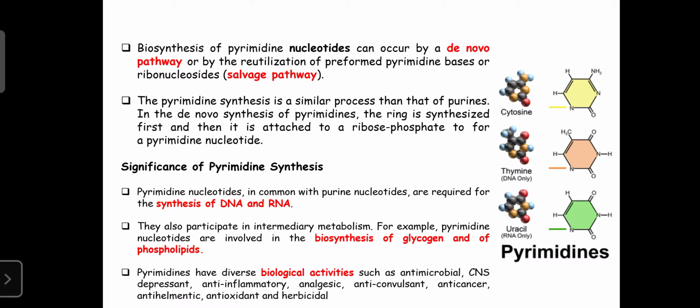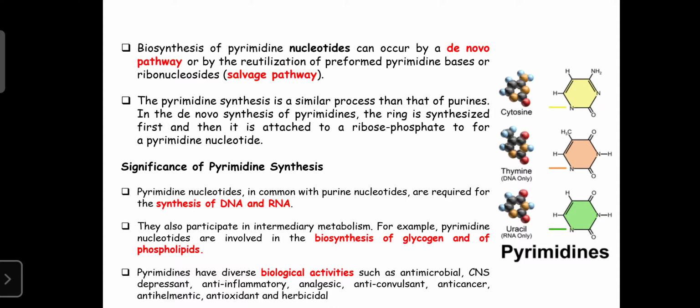Regarding the salvage pathway, certain intermediate metabolites are present or formed in our body. Due to metabolism of pyrimidine nucleotides, certain other compounds or biomolecules, certain intermediate compounds, are directly available for the biosynthesis of the pyrimidine nucleotides, and such a pathway is known as the salvage pathway.